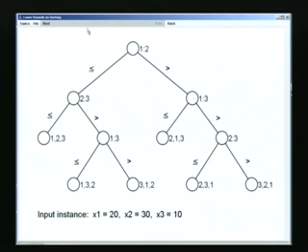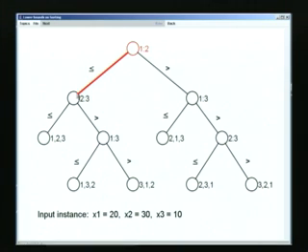The execution starts at the root. At the root, we compare x1 with x2. In general, if the label is i:j, we compare xi with xj. When we compare x1, which is 20, with x2, which is 30, we discover that x1 is smaller. So if it is smaller, then we follow this branch.